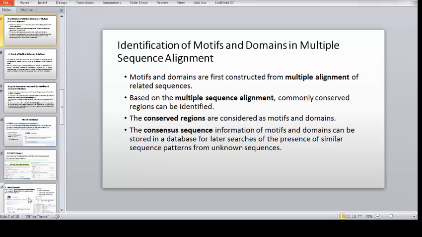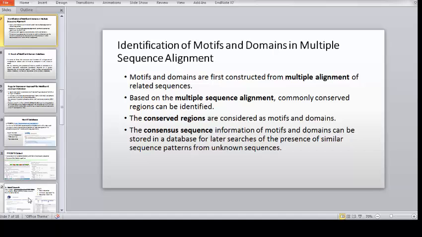Identification of motifs and domains in multiple sequence alignment. So how can we find a motif and domain? If we have more than 2 sequences, then we will align these sequences, and by aligning we will get a conserved region from these multiple sequences.